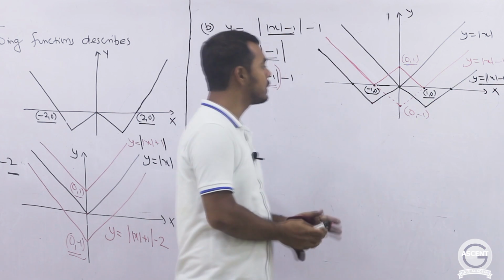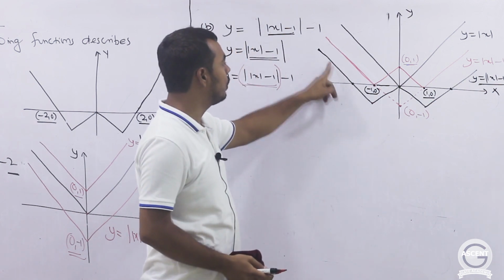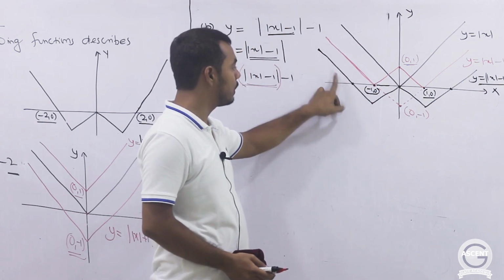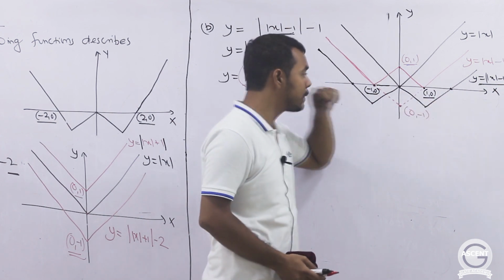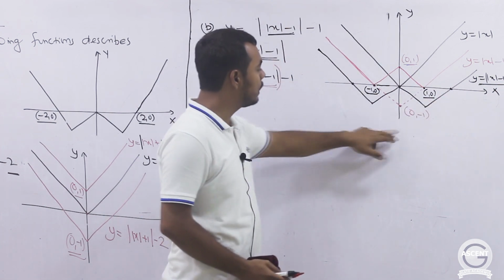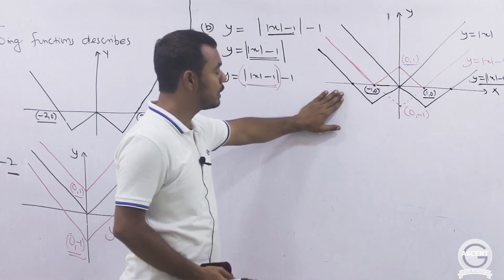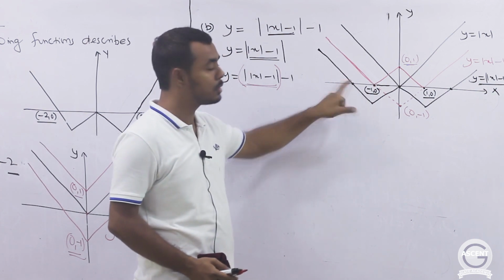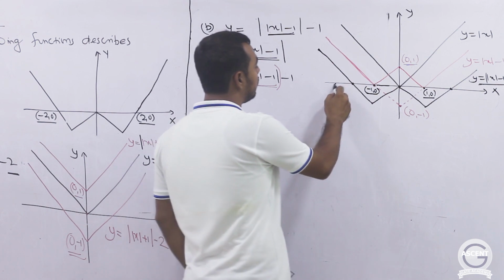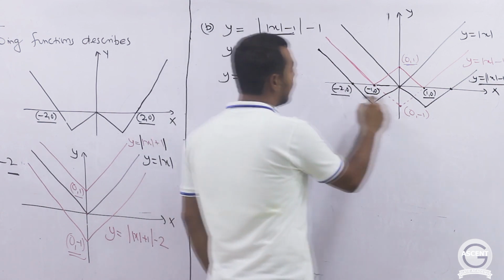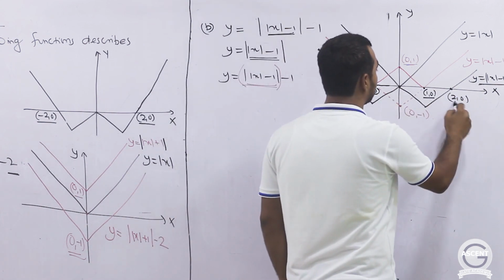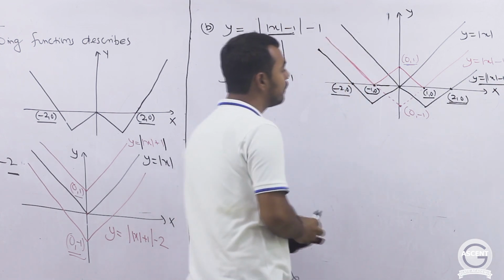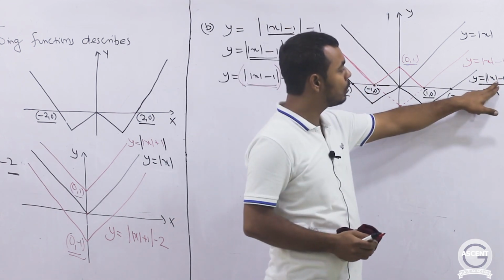We have shifted this graph by 1 unit, and we all know that the slope of this line is minus 1, slope of this line is plus 1. So if there is 1 unit decrease in y, then decrease in x is also 1 unit. So this point will be (-2, 0), and here you will get (2, 0). And you can verify that these 2 points are lying on this graph.